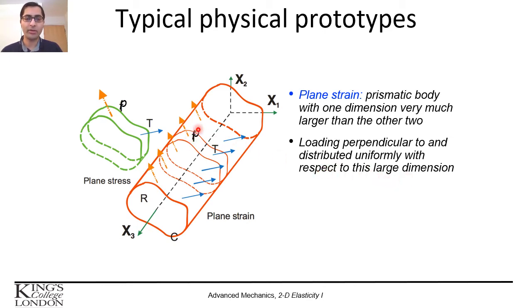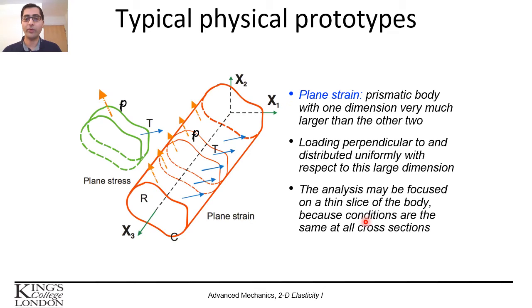Again, you see the body load P and the boundary forces shown by T, the traction vector, are perpendicular to the axis of this body, and they're uniform along this body. And finally, the analysis may be focused on a thin slice of the body because conditions are the same at all cross sections.